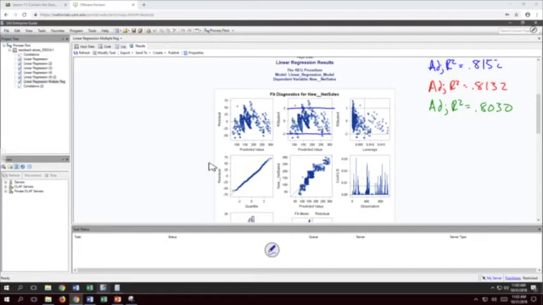So one of the things to consider is: is the outlier influential? When I talk about an influential outlier, most of our data is down here, and then I have an outlier up here.